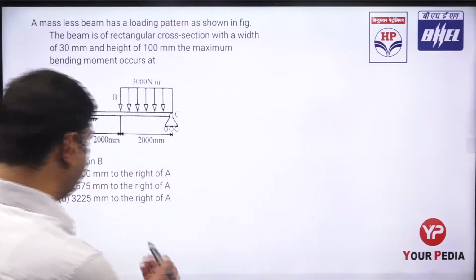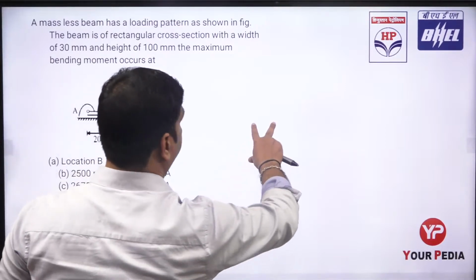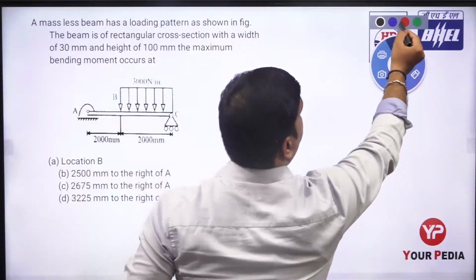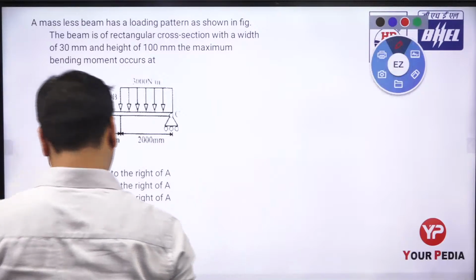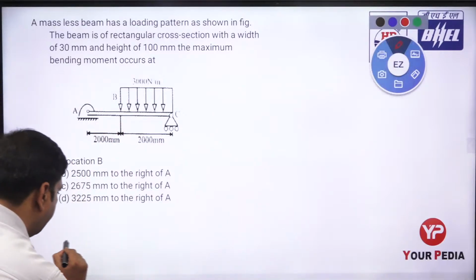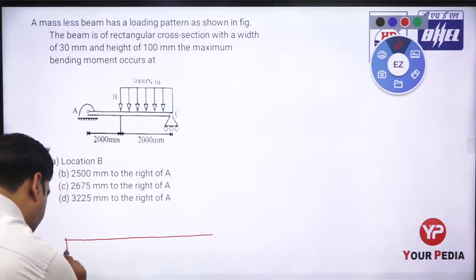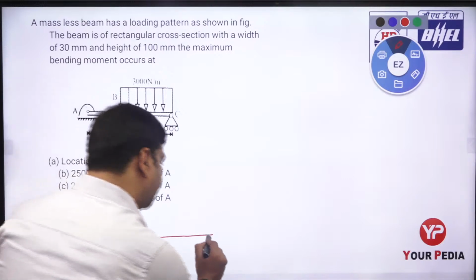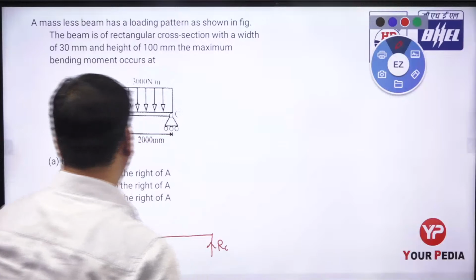So you just solve the beam simply. If I draw the beam here, this is RA and this is RC.